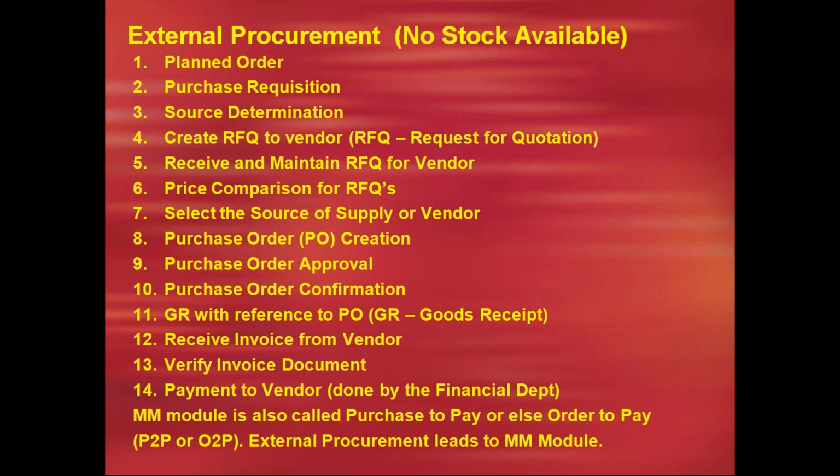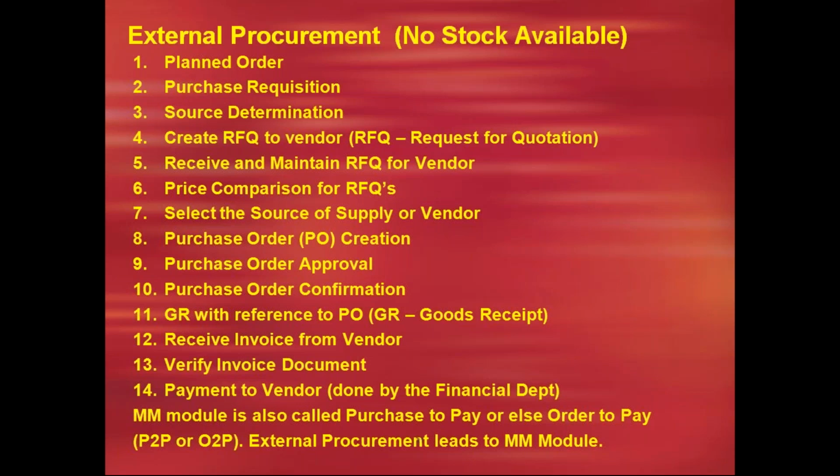Then we know the material we want to buy, and we know the supplier from where we can buy. Therefore, we create a purchase order, PO. Once the order is created, if it has to go for approval, then it will be approved by your manager or senior manager, depending upon the organization hierarchy.